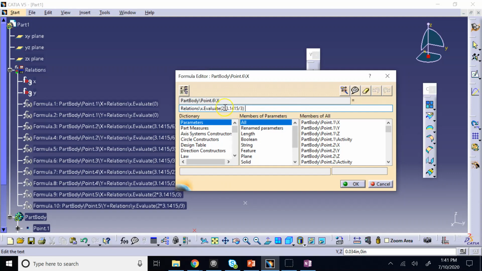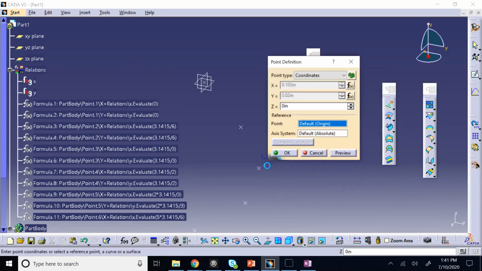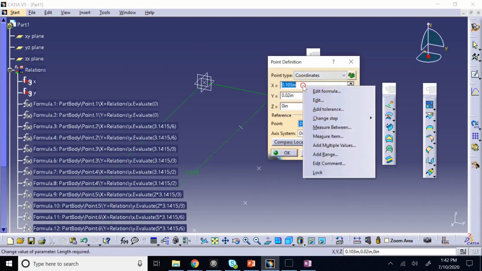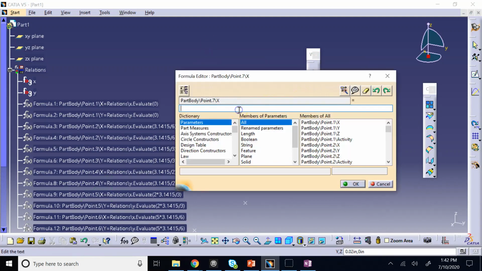I need 150 degrees, which is basically 5 over 6 of pi. And one more point, which is pi itself.